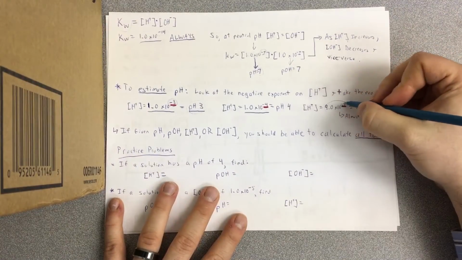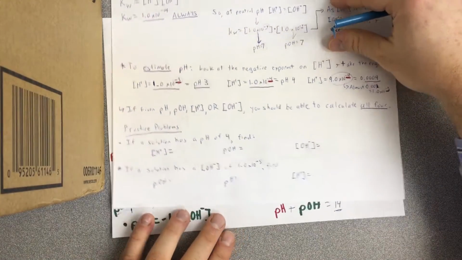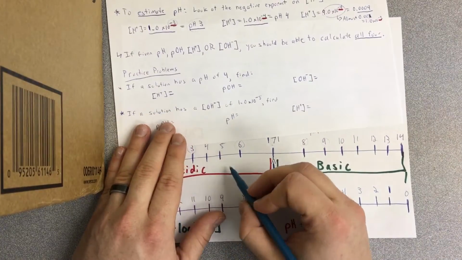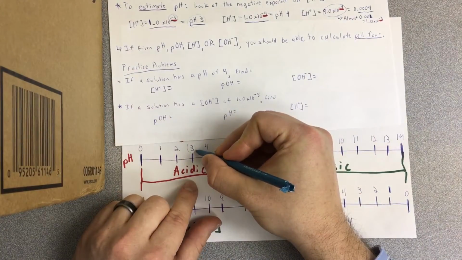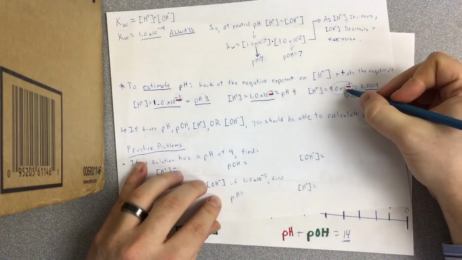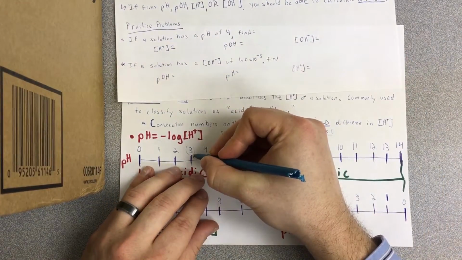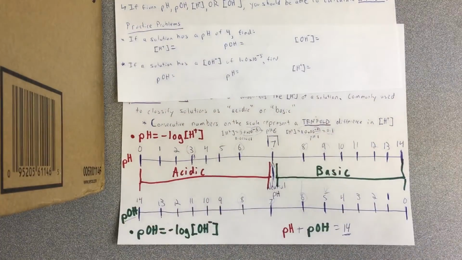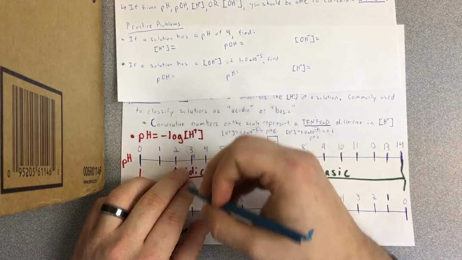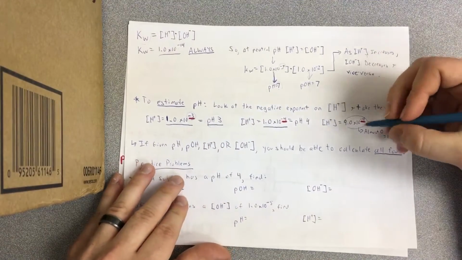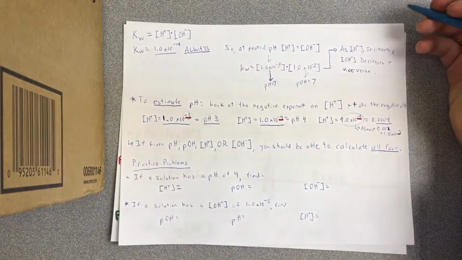So this pH value is nearing a pH of 3. It's between pH 4 and pH 3, and we're getting pretty close to 3. So this 9 times 10 to the negative 4 would have a pH of about right there. Getting pretty close to 3, but not quite at 3 yet. So just by looking at the exponent, you can tell approximately what your pH value is.